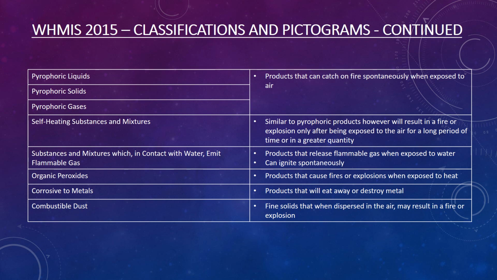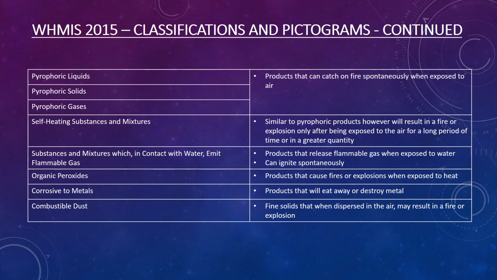Description: products that release flammable gas when exposed to water, can ignite spontaneously. Organic peroxides. Description: products that cause fires or explosions when exposed to heat. Corrosive to metals. Description: products that will eat away at or destroy metal.